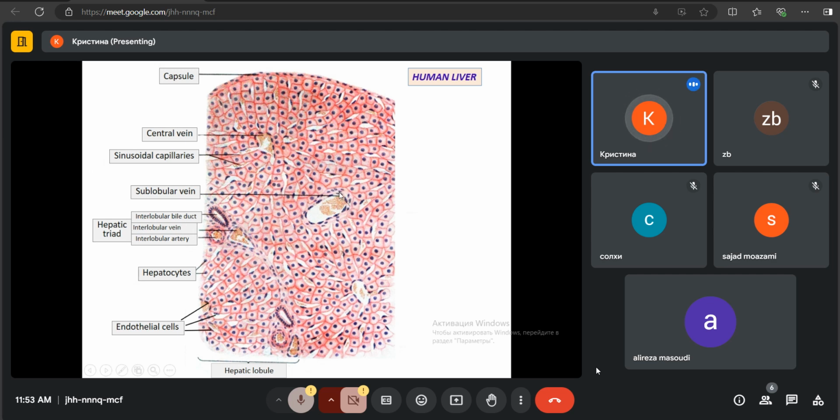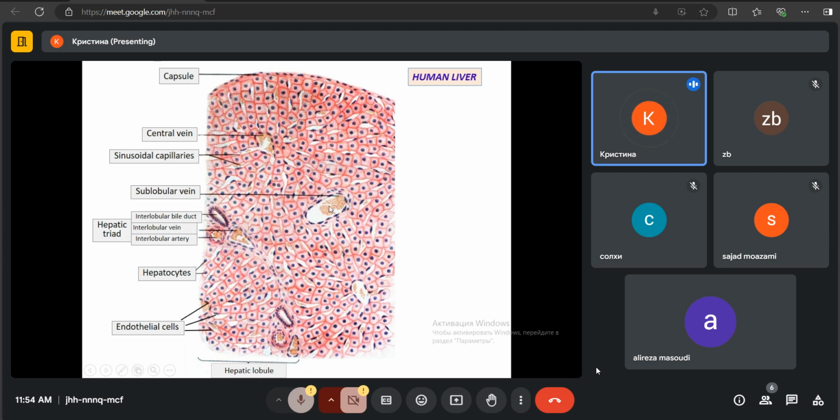And what is the most important? The direction of this blood vessel is longitudinal, so it is longitudinally sectioned, unlike the central vein, which is cross-sected in our histological preparations. This one is sectioned longitudinally, so we see the elongated section. This should be the sublobular vein.